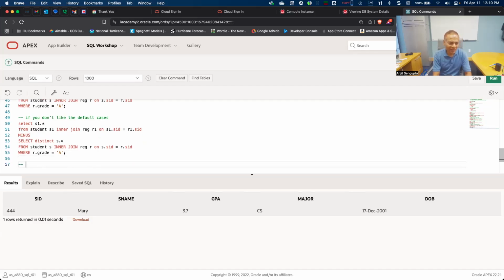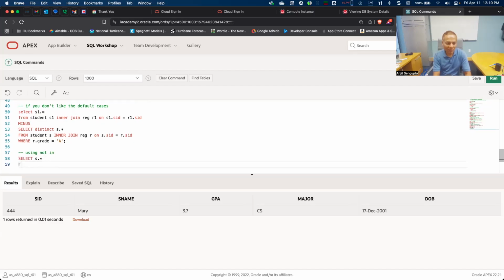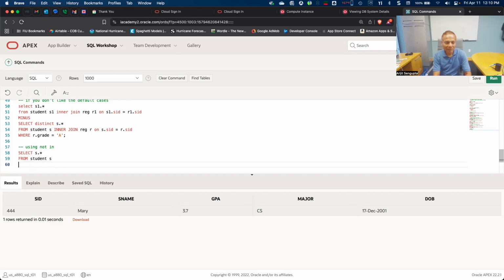All right, so let's try the not in here, okay? Again, using not in. So what we're doing is select s dot star from student s, where s dot sid not in.